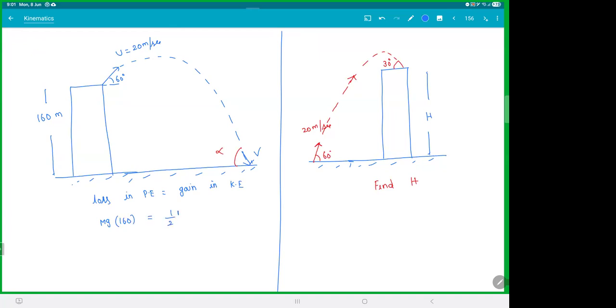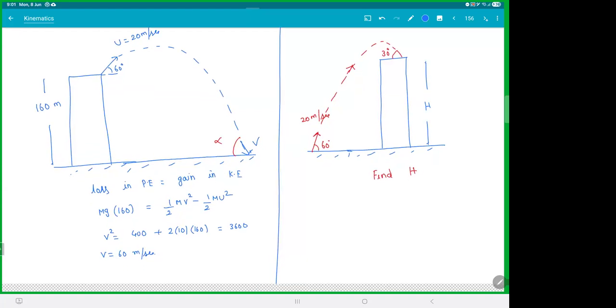The gain in kinetic energy is half mv square minus half mu square. m will cancel on both the sides. We end up with v square is equal to u square plus 2g times 160. u square is 400, g is 10, and this is 3,200. Sorry, that's 3,600. Means we get v is equal to 60 meters per second.